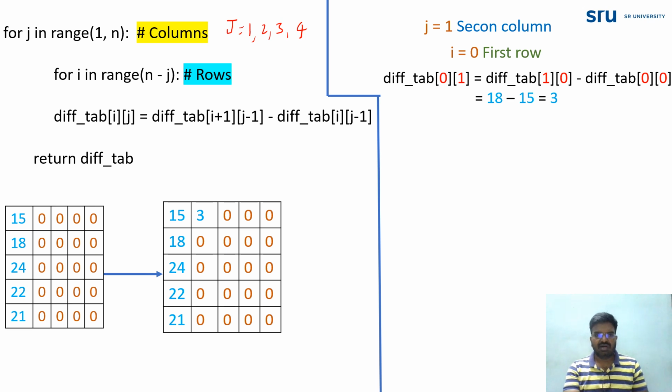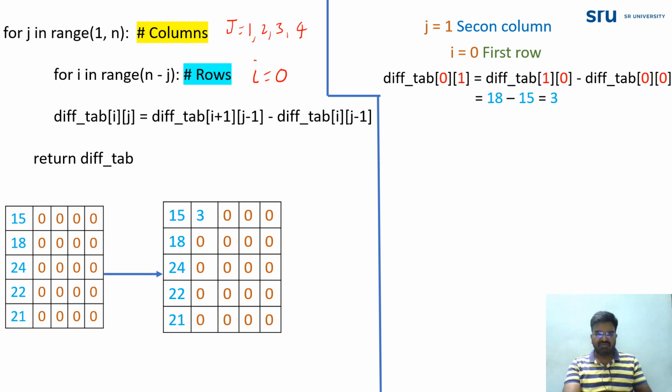Inside this for loop, I have written another for loop on rows. You can see the second for loop: for i in range n minus j. Here the i value starts from 0. To find the differences, we always subtract a number from the next number in the corresponding column.